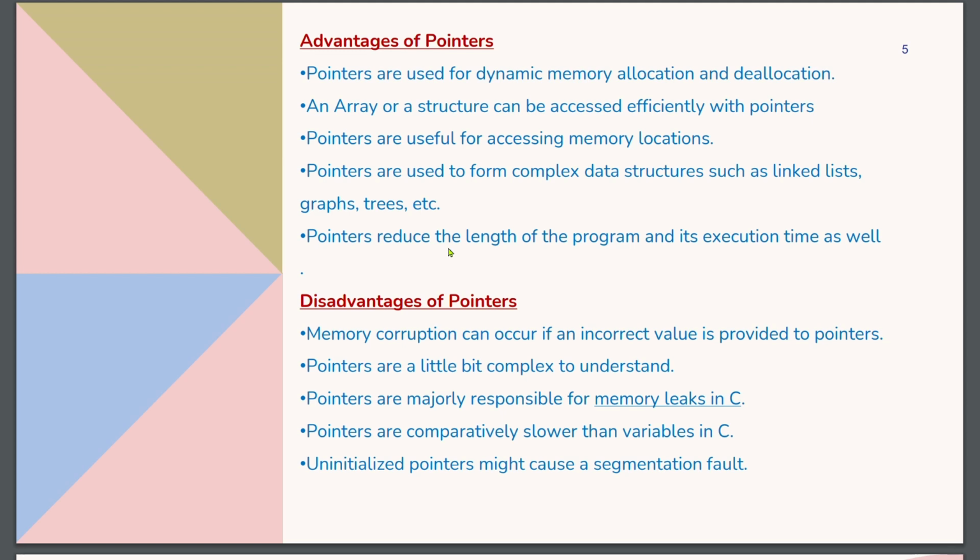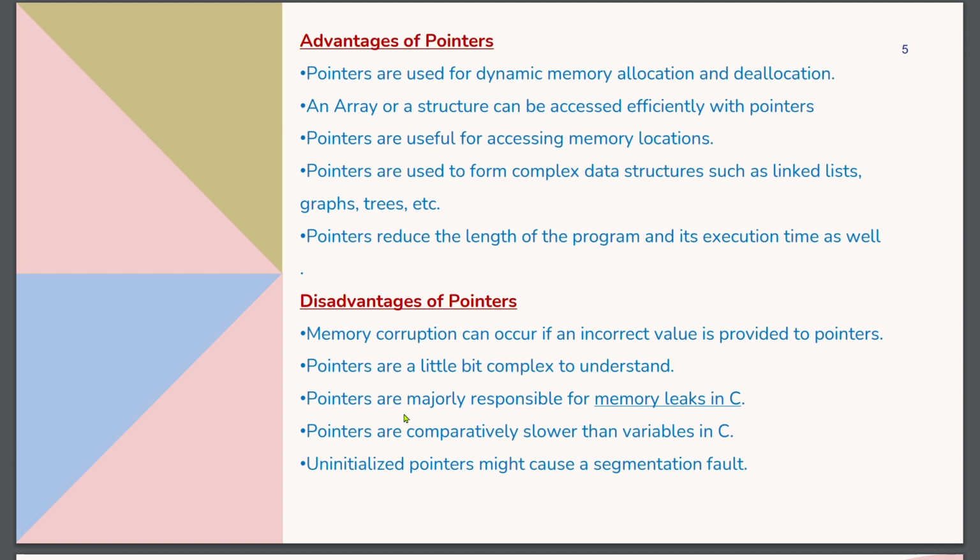Okay. Disadvantages of pointer. Why shouldn't we use pointer? First one is memory corruption can occur if an incorrect value is provided to pointer. Second one is pointers are a little bit complex to understand. No one can understand pointer properly because it is a little bit complex.